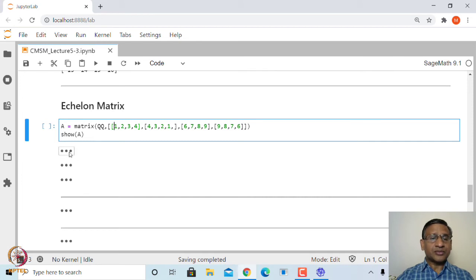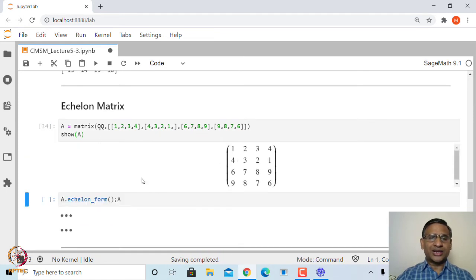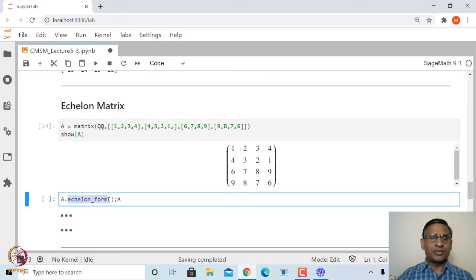If you are given a matrix A, you can convert this matrix into an Echelon matrix using the inbuilt function called echelon form, A dot echelon form. What it will do is apply elementary row operations and convert it into an equivalent matrix which is an Echelon matrix. So let us apply this.